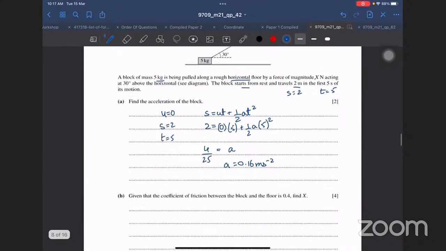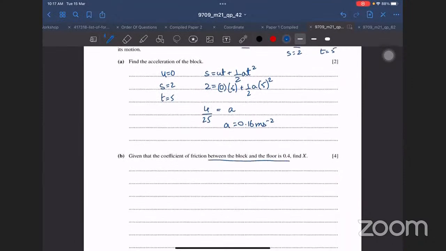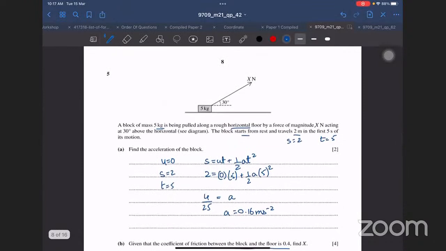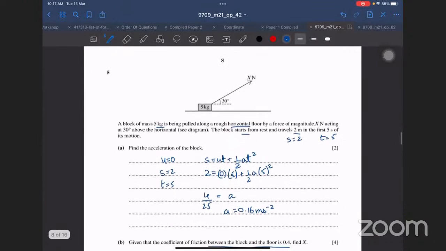Given that the coefficient of friction between the block and the floor is 0.4, find x. So now I know my forces, I know the acceleration. Let's just resolve this. This is going to be x cos 30, x sin 30. There's a normal reaction called R. There's a downward component that's 50.